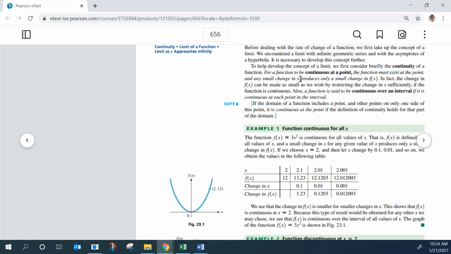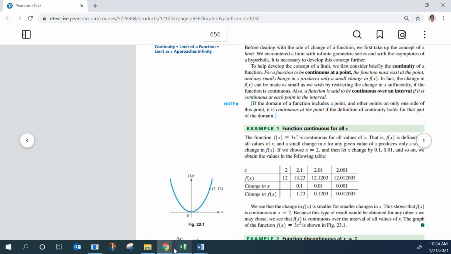For a function to be continuous at a point, the function must exist at the point. And any small change in x produces only a small change in f of x. In fact, the change in f of x can be made as small as we wish by restricting the change in x sufficiently. A function is continuous over an interval if it is continuous at each point in the interval.